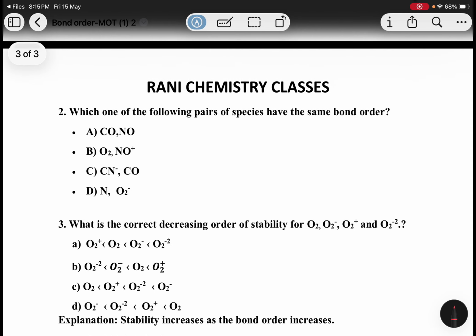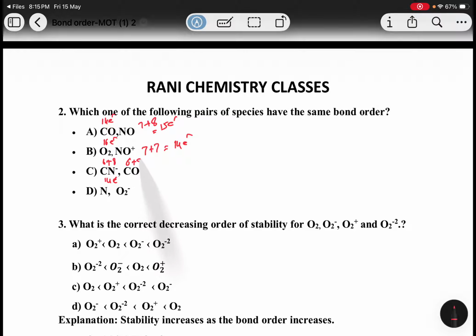Next, which of the following pairs of species have the same bond order? CO: carbon 6, oxygen 8, 8 plus 6, 14 electrons. NO: nitrogen 7, oxygen 8, 15 electrons. They are different. O2 has 16 electrons. Nitrogen 7, O plus means 7, so total 14 electrons. Here CN minus means 6 plus 8, 14 electrons.